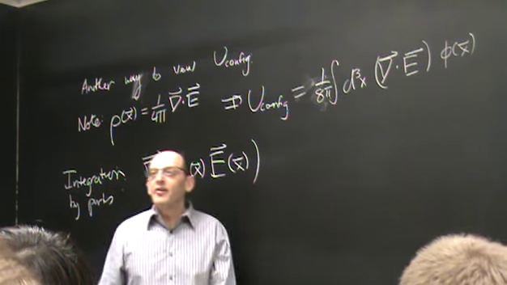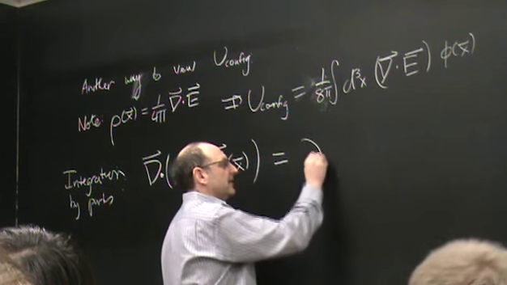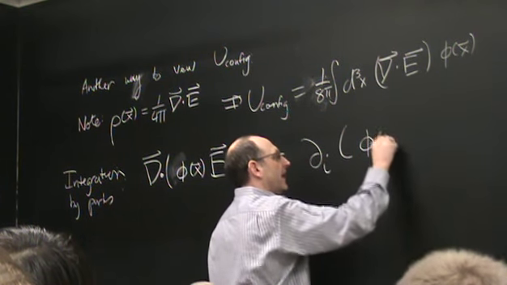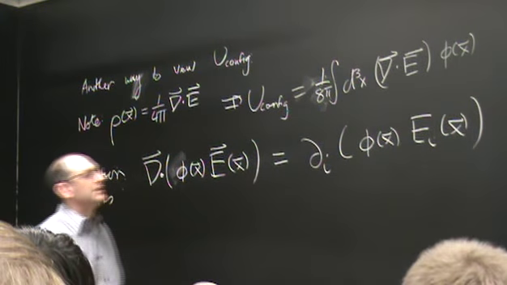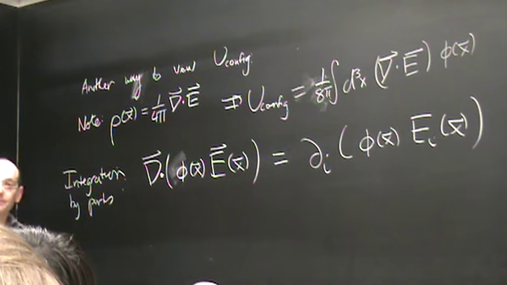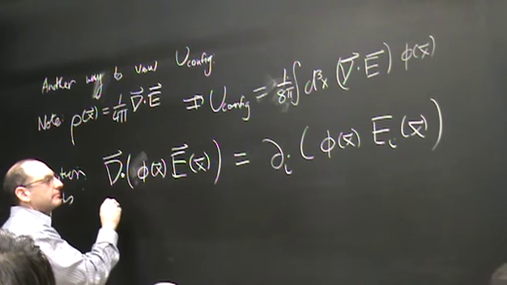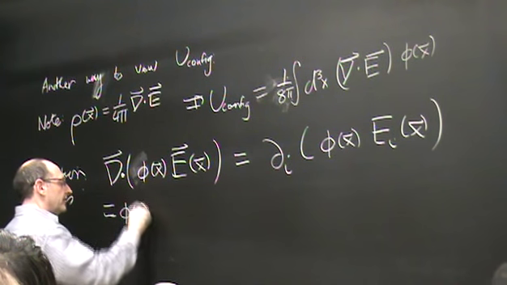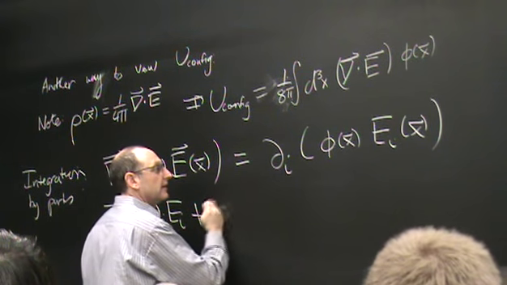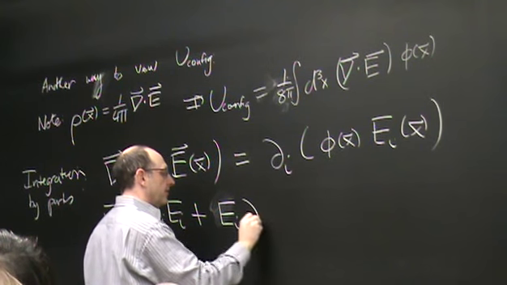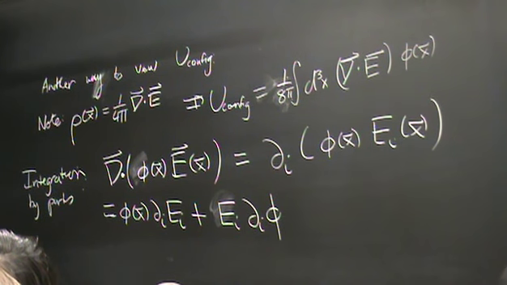Well, I don't have the inside cover of Griffiths with me. I use my tensor notation. This is partial i of phi E sub i. And then I use the product rule, the derivative of the product: take the first times the derivative of the second, plus the second times the derivative of the first, right?